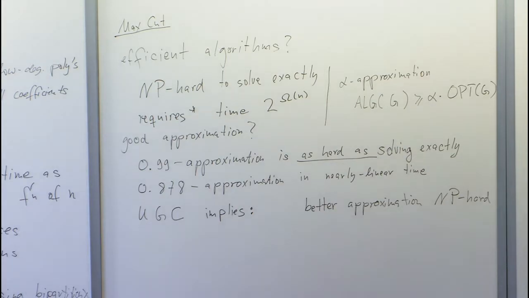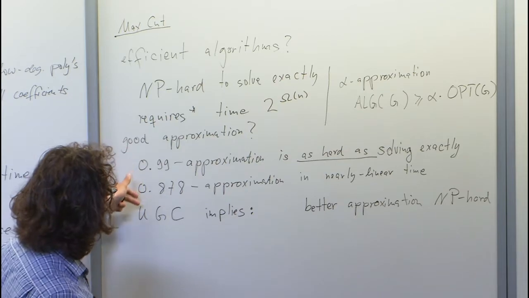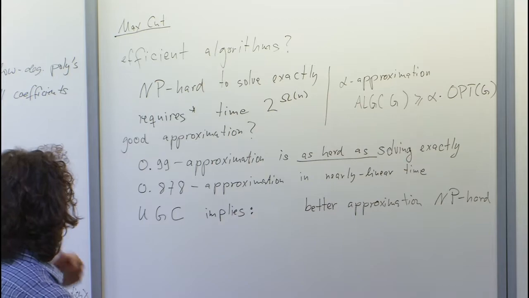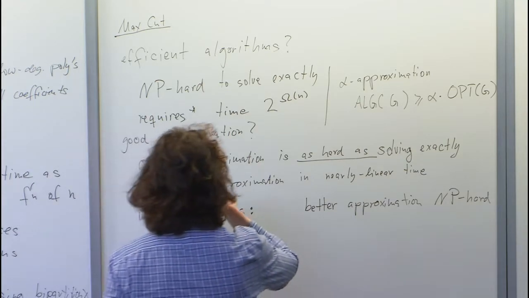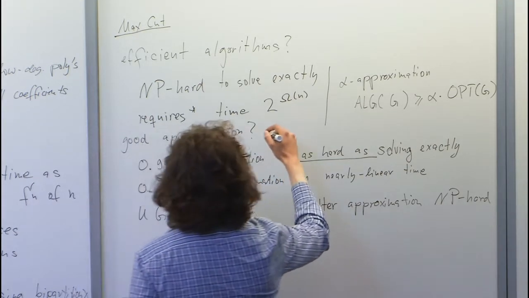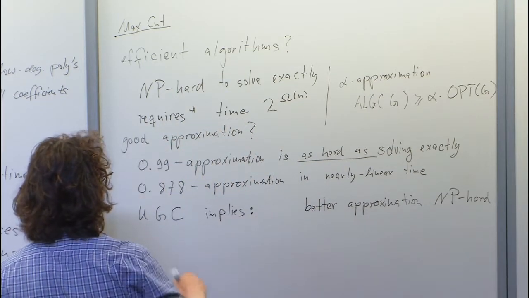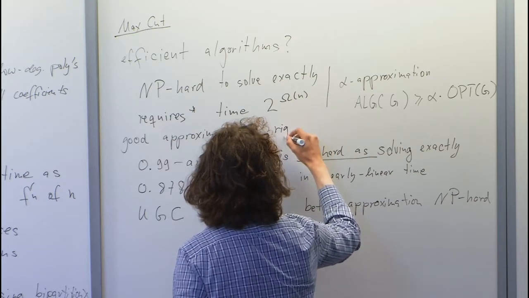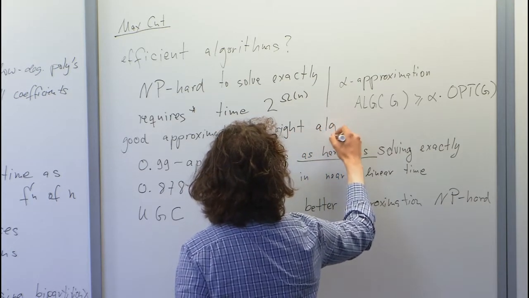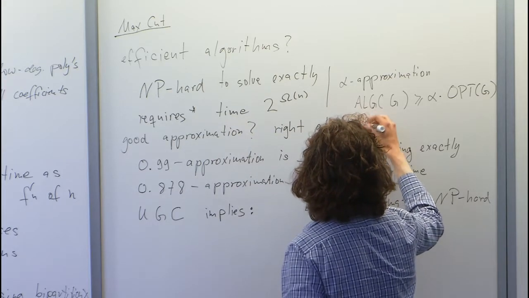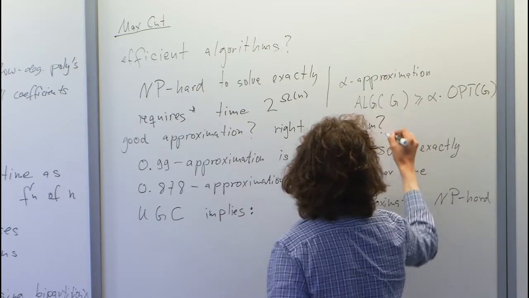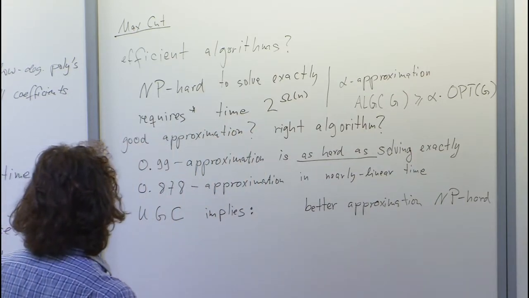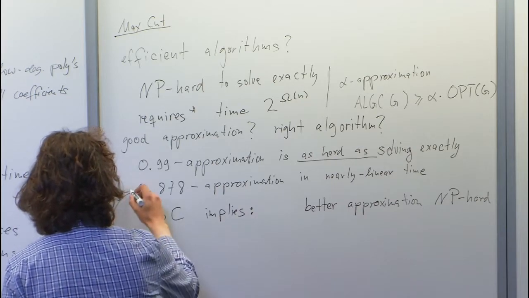Now you might wonder, why do we really care about the difference between 0.99 and 0.878? Maybe one reason is that you're not interested just in the numerical value, but you want to know what algorithm achieves the best possible approximation.